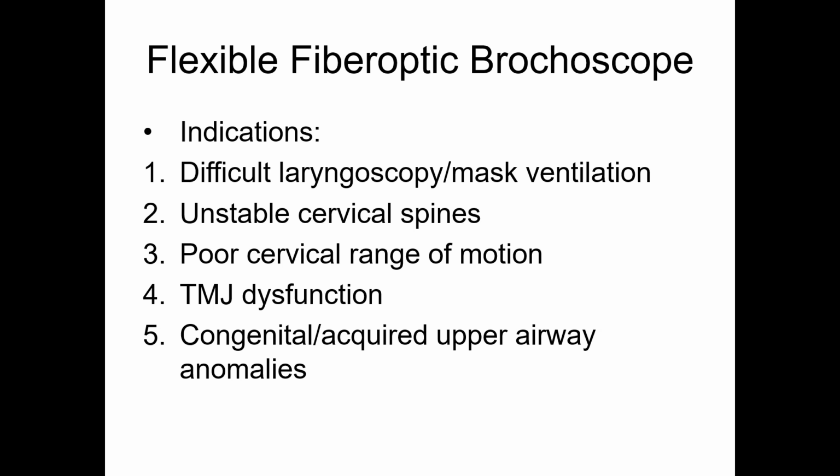And in congenital or acquired upper airway anomalies, micrognathia, any other airway diseases, maybe a big mass in the mouth so that we cannot do endotracheal intubation, we use the fiber optic bronchoscope through the nose, and we do nasotracheal intubation with the help of the flexible fiber optic bronchoscope.